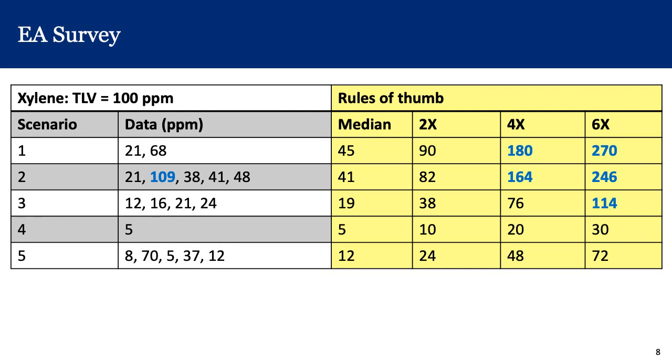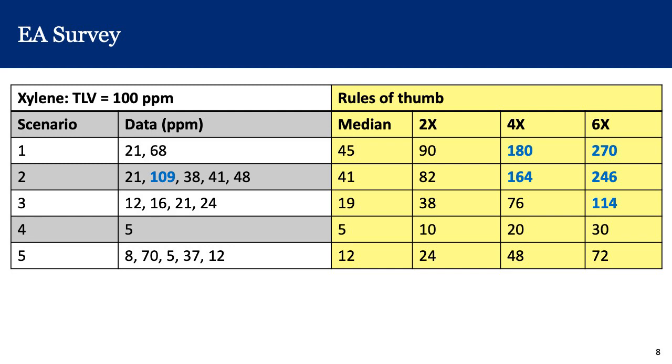And since we consider this to be a fairly tightly clustered data set, the variability is low or possibly moderate, and therefore the 95th percentile is less than the exposure limit. So it could be either 38 or 76, but probably not 114. And so we would consider this, again, an acceptable scenario. The 95th percentile does not exceed the exposure limit.